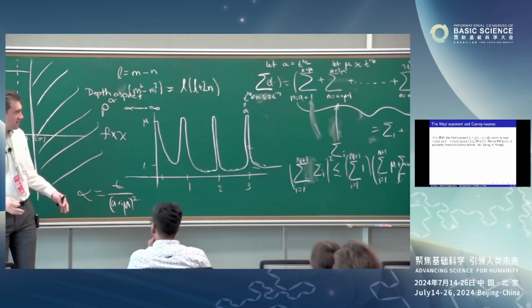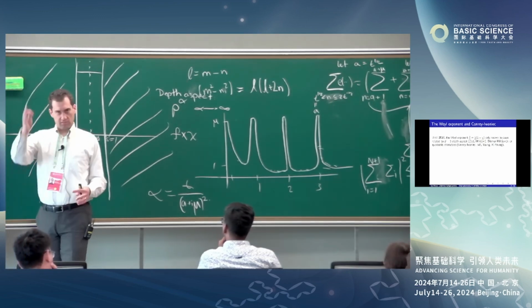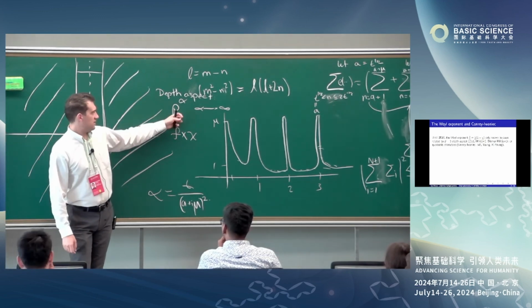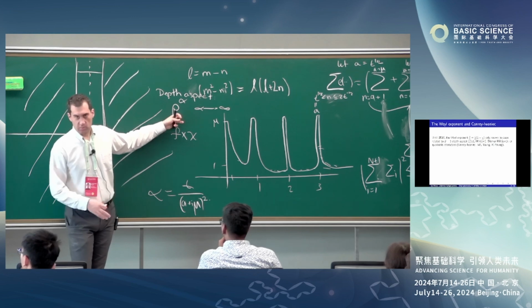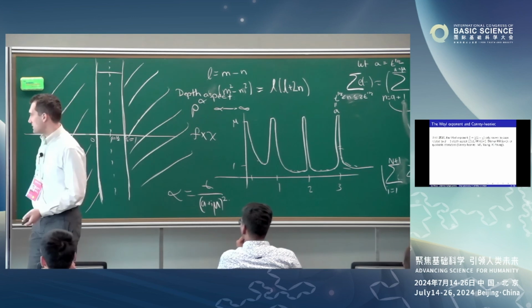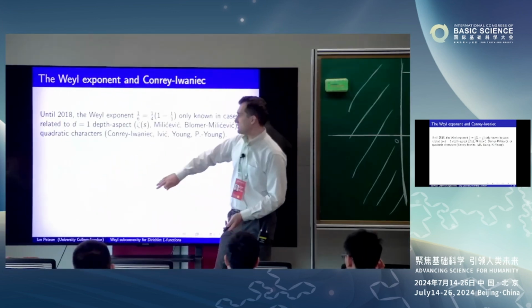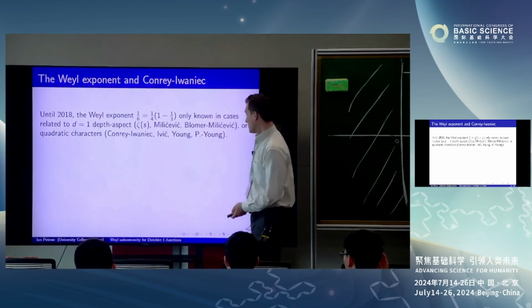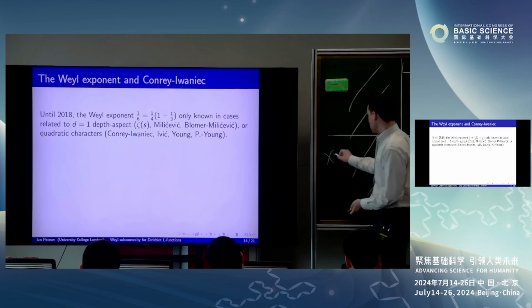But these are all GL1 depth aspect, where this would be non-Archimedean depth aspect at Q equal to P, and the zeta function is Archimedean depth aspect. Or they were related to quadratic characters, where chi is the Legendre symbol.